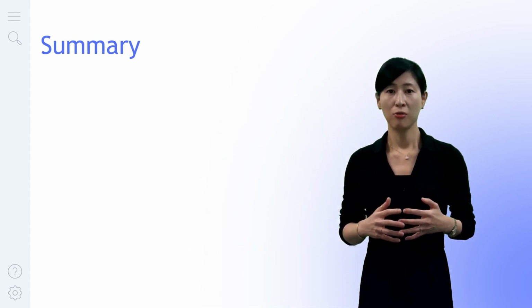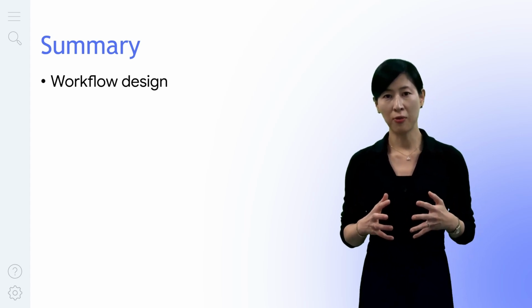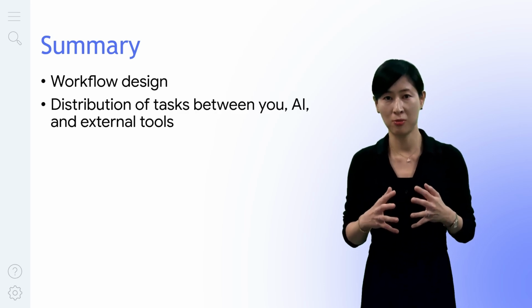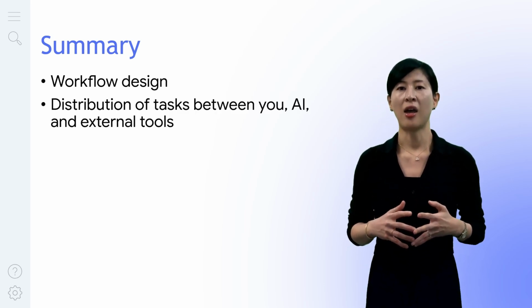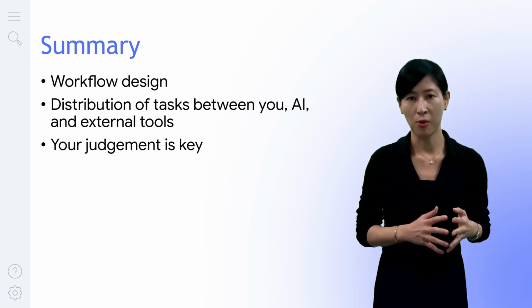So, to recap, we moved from prompting, a communication skill, to workflow design, a productivity skill. We saw that real tasks have many steps and that a workflow distributes those steps across you, the AI, and external tools, with your judgment staying in control.